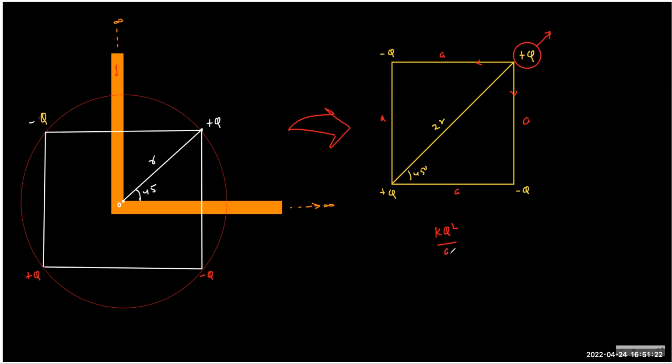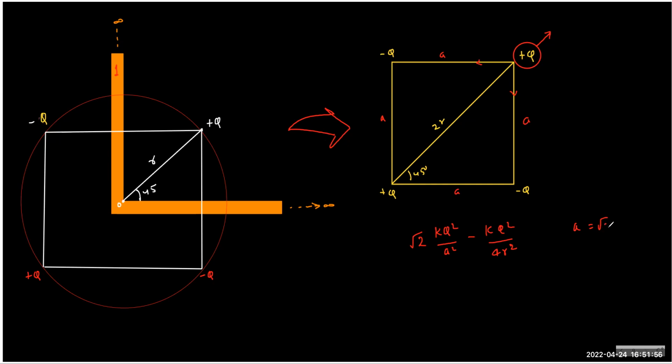So kQ square by a square, attraction, into root 2 times cos 45. And the repulsion will be kQ square by, and we can find the distance, root 2 R. Root 2 R.